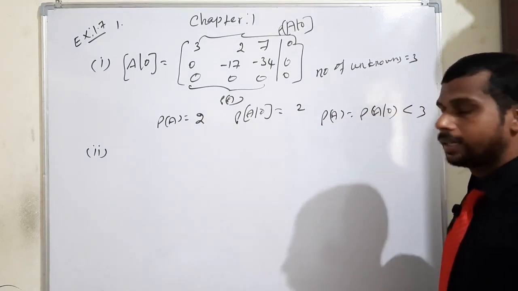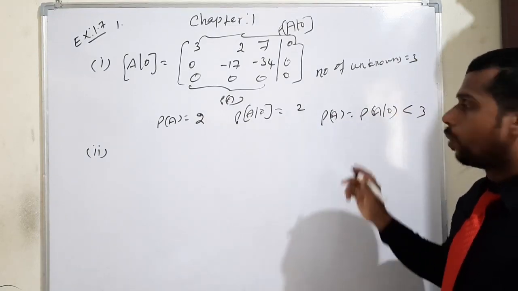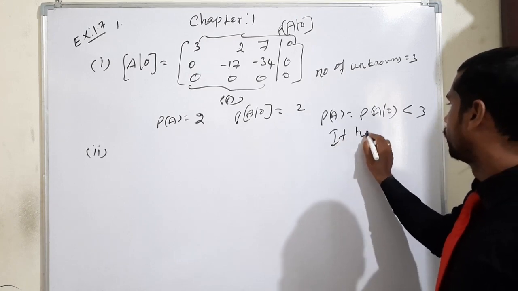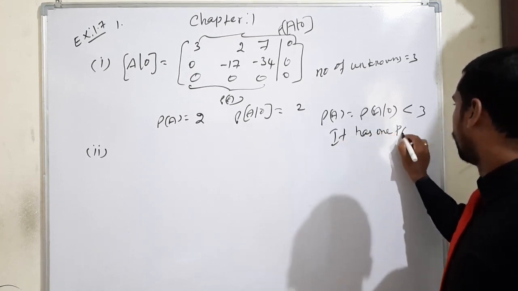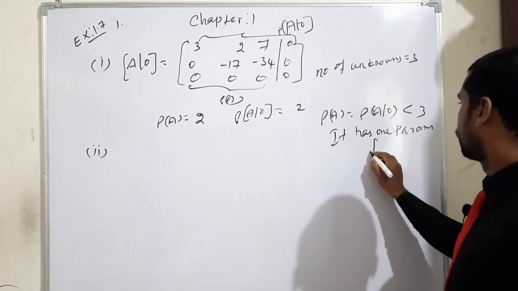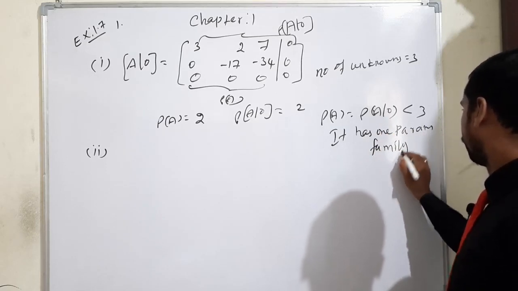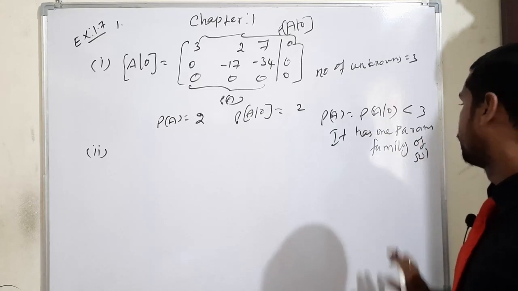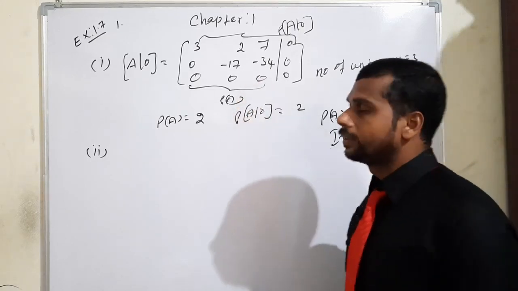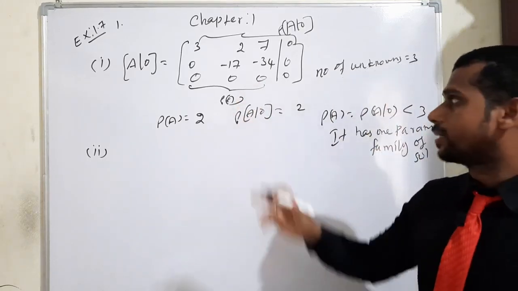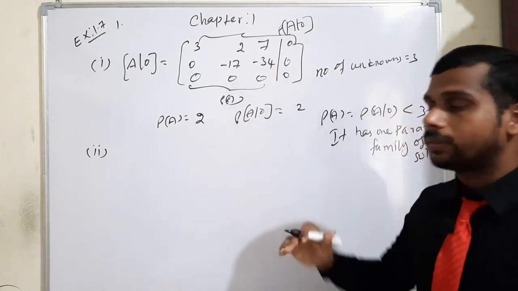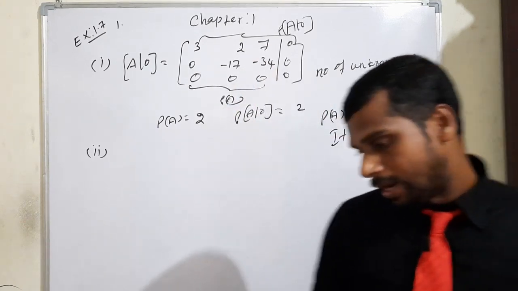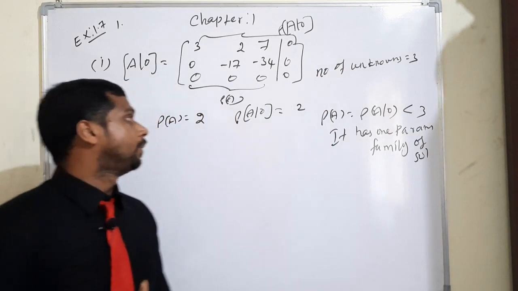Less than 3 means it has a one parameter family of solution. If you get such an answer, in the last step you have to consider any one variable as a constant, say t, and then apply back substitution, and you will get the clear answer. Okay, this is subdivision 1.